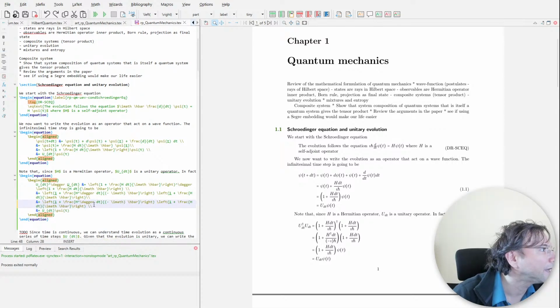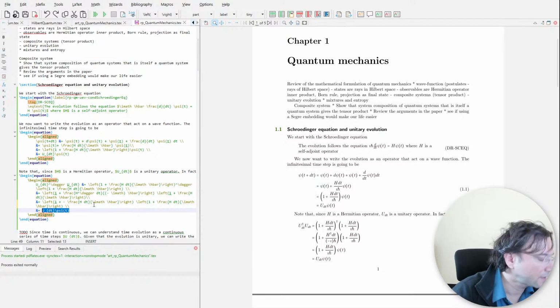And then so H is equal to H dagger, and we get the minus sign, we bring it in and put it here. So now this becomes clearly 1 plus this thing squared.